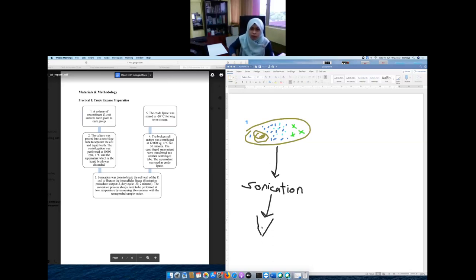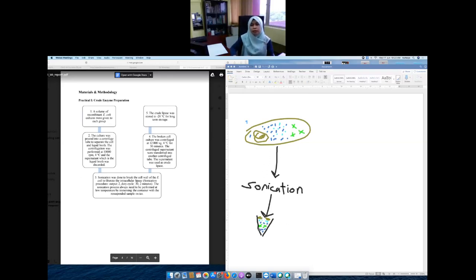We will have this metabolite, the protein impurities, and also the lipase, the protein that we want. Maybe a lot of other things here. And not to forget, we will also have the DNA, the genomic DNA.